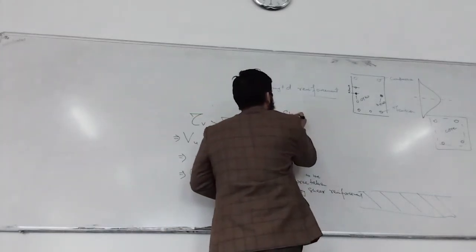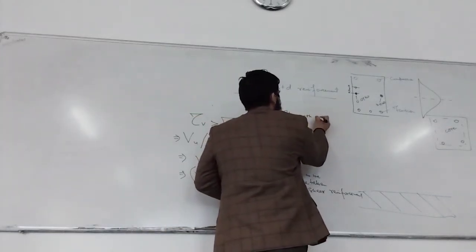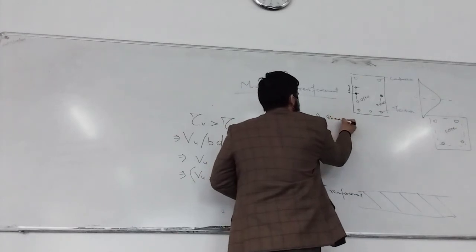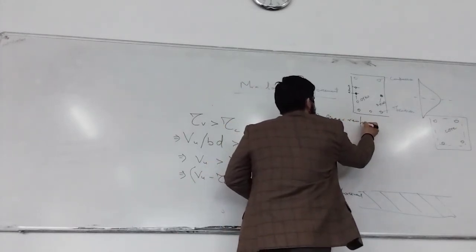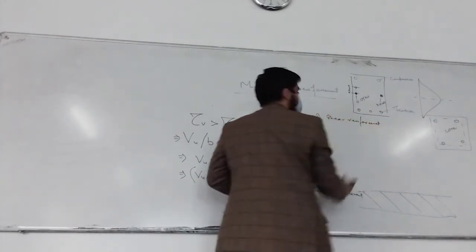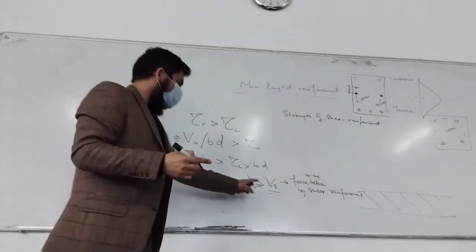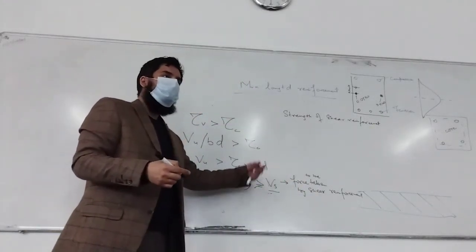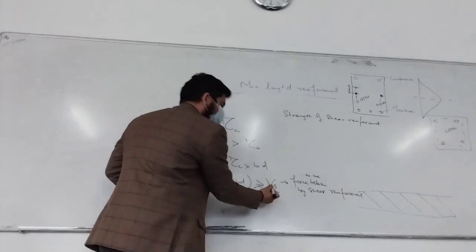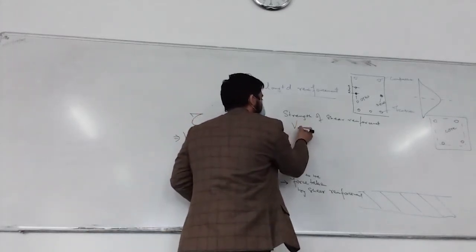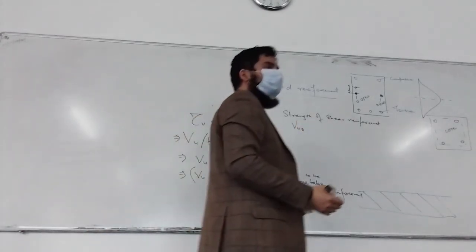Now, strength of shear reinforcement. How much should it take? It should take Vs, or you can see this is Vus. What the code says, it has to take Vus.